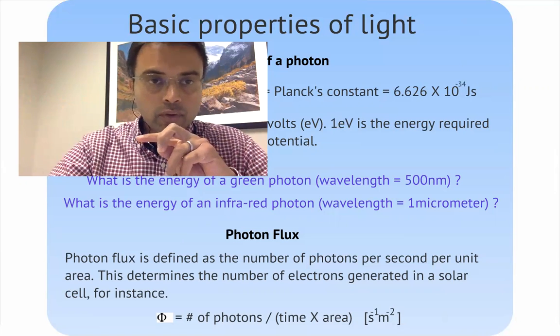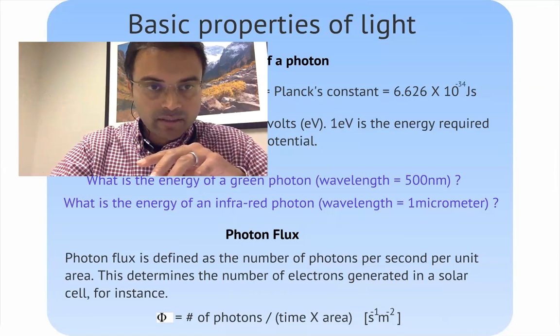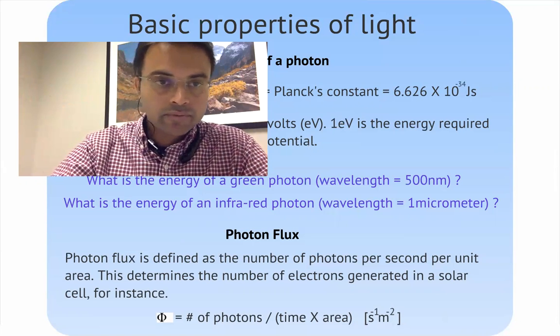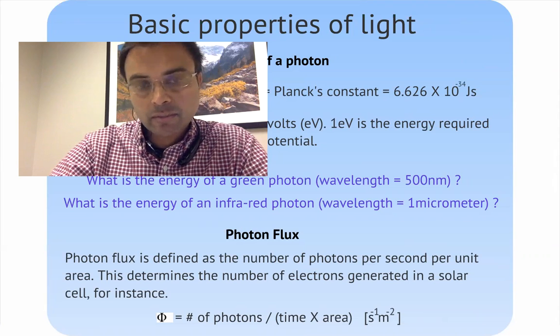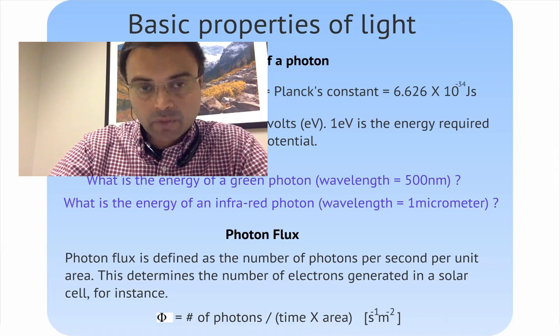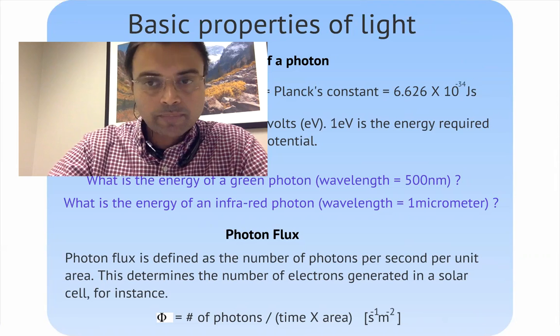And 1 electron volt is simply the charge of the electron multiplied by 1 volt, and the charge of an electron, as you may remember from your physics classes, is 1.6 times 10 raised to minus 19. When you multiply by a volt, you get a joule. Okay, so that's 1 electron volt.